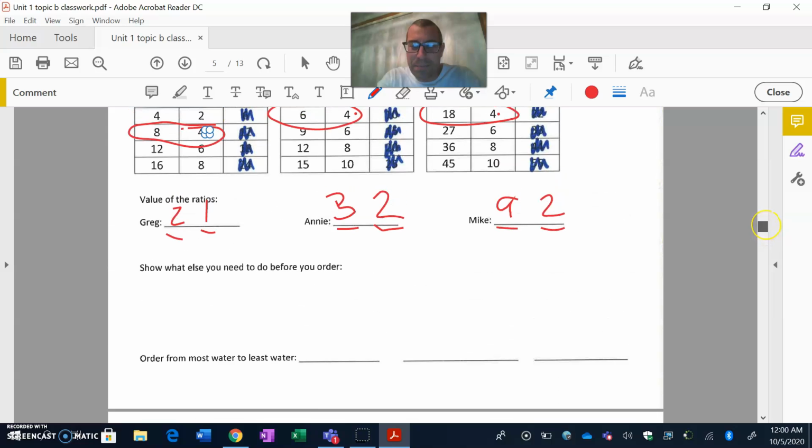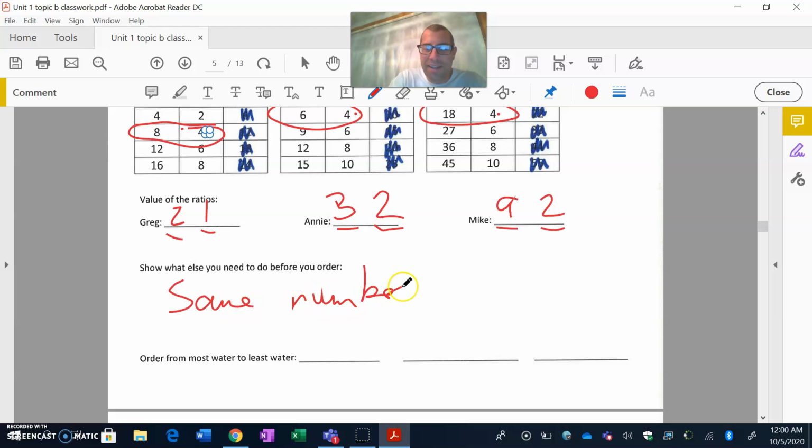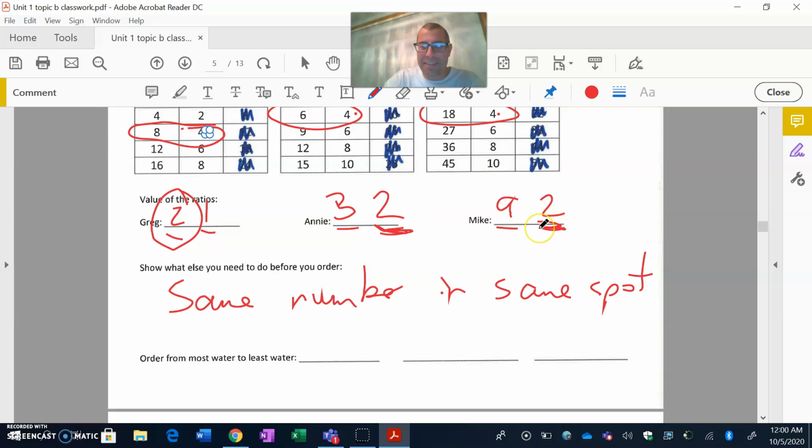All right. Well, we need to have the same number in the same spot. Because they all have 2s, but that's the first number. That's the second number. So again, you've got to have the same number at the same time.